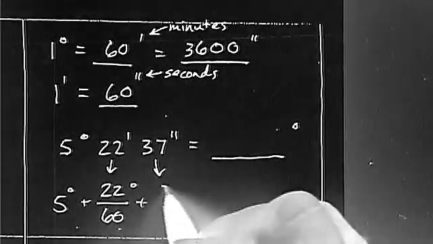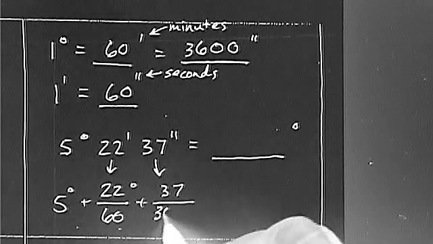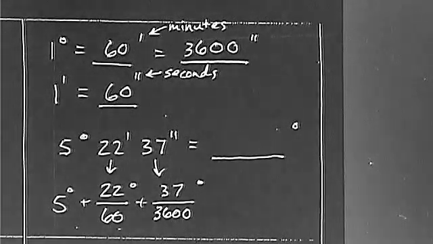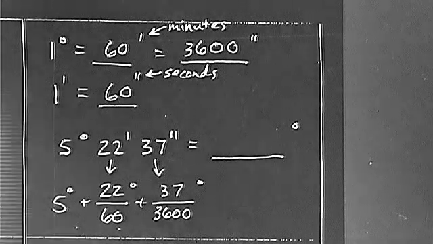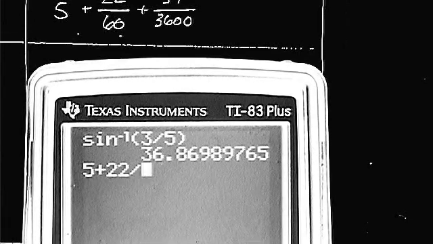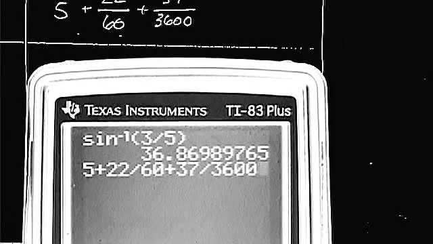What would we divide that by to change it into degrees? 3,600. Now each part is in degrees, and we can add them together using the calculator: 5 plus 22 over 60 plus 37 over 3,600.